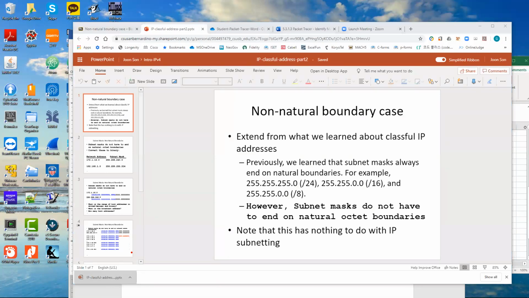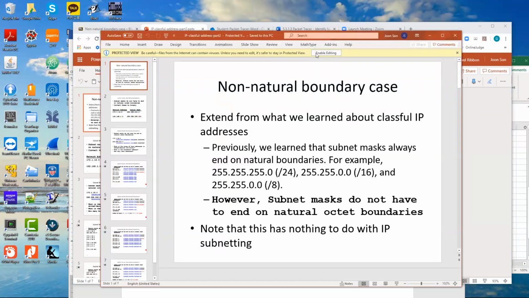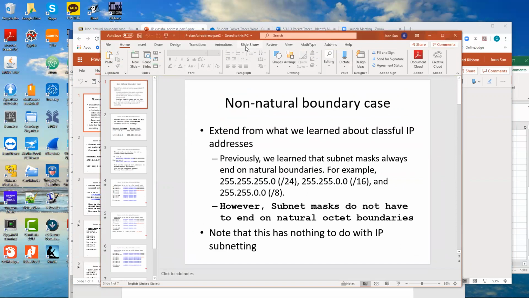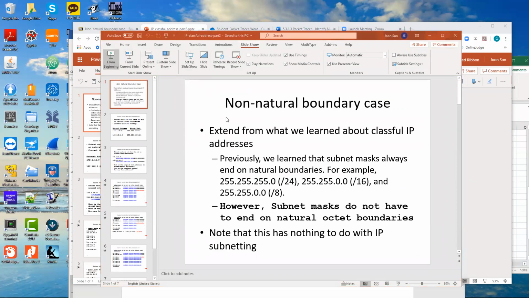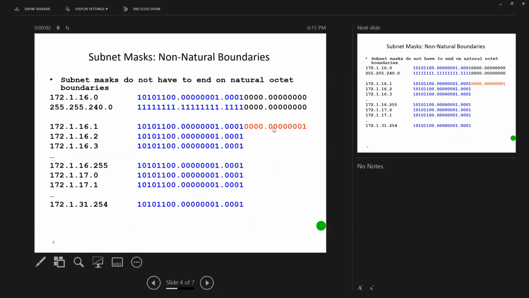Okay, so this is a non-natural boundary case. Just like I said, when you study this topic and use my lecture note, this PowerPoint slide, I want you to use the animation mode, right?